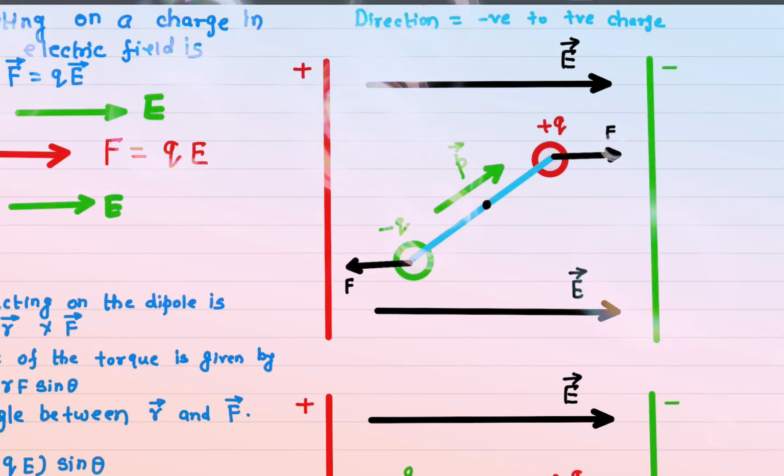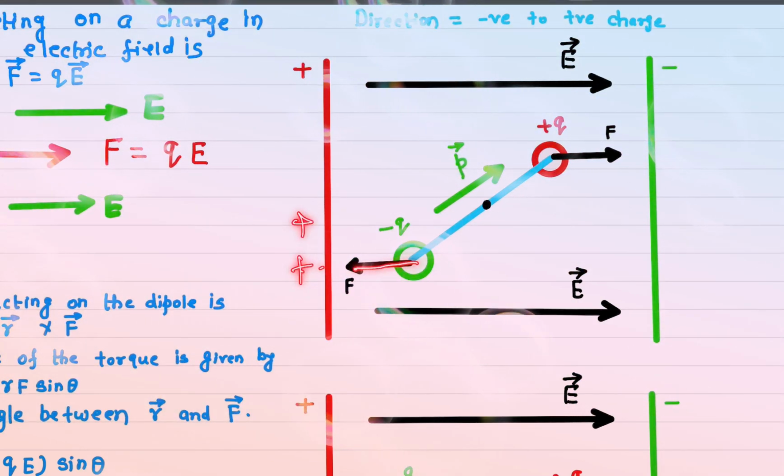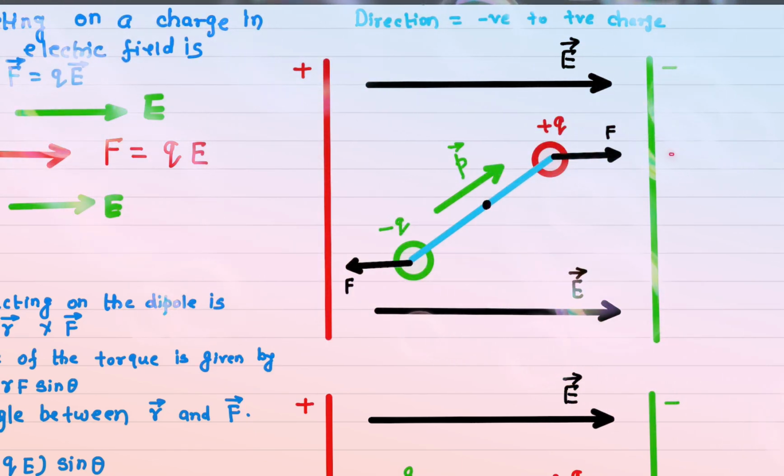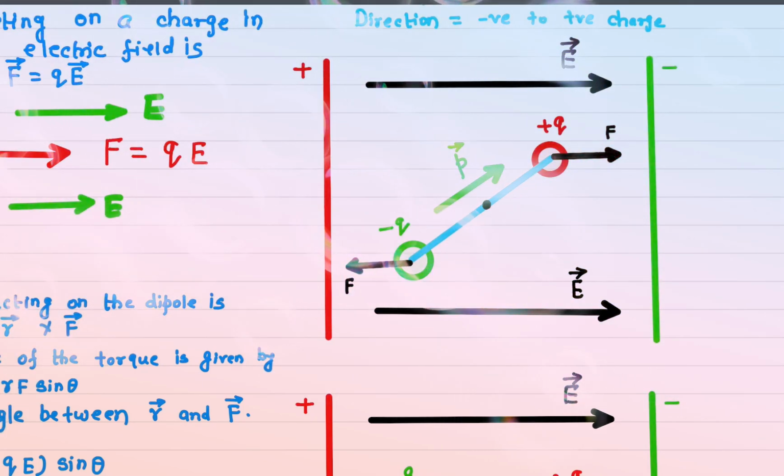You can also understand it simply: this positive charge will be attracted to the negative plate, so the force will be in this direction, and this negative charge will be attracted to the positive plate, so this will be the direction of the force. So we have now understood the force direction.